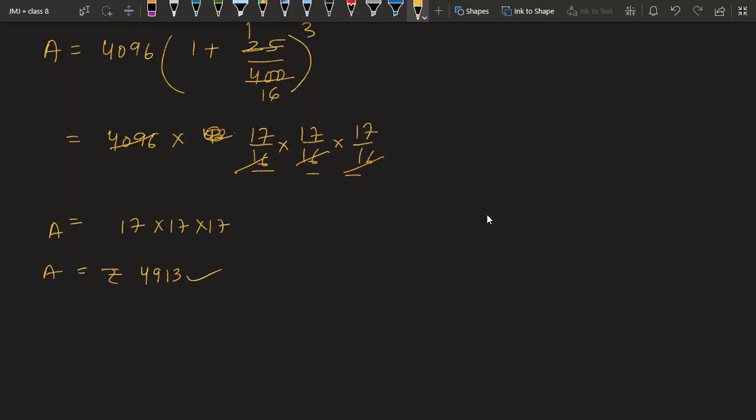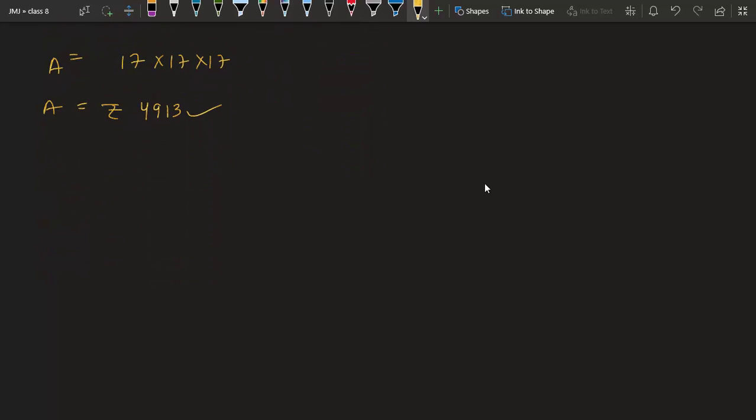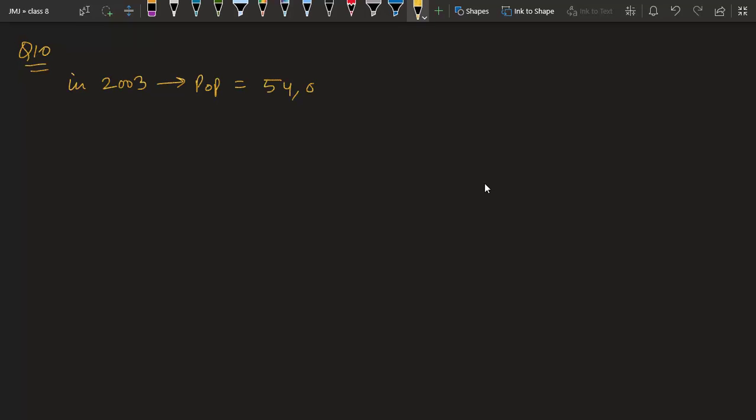Okay. Now question number 10 on population, an application of this compound interest. The population of a place increased to 54,000 in 2003. So you can say in the year 2003 the population is 54,000. These many people are present in this year, and the rate was 5%.